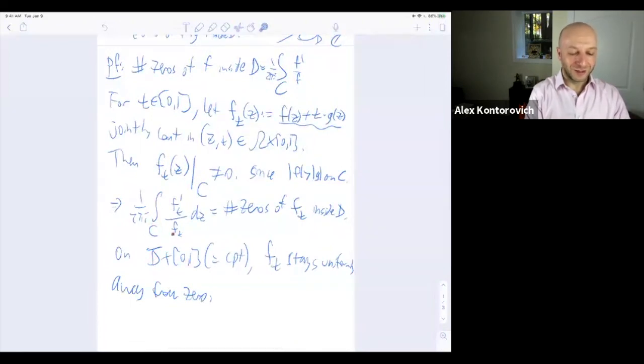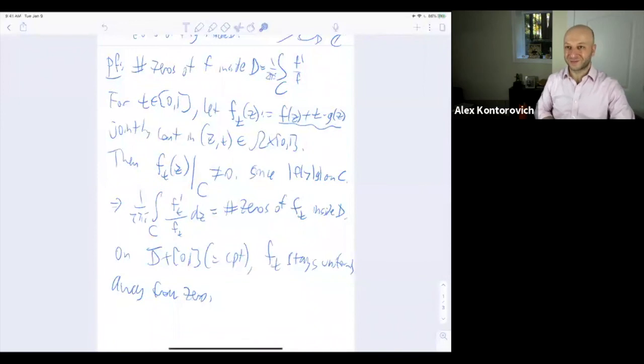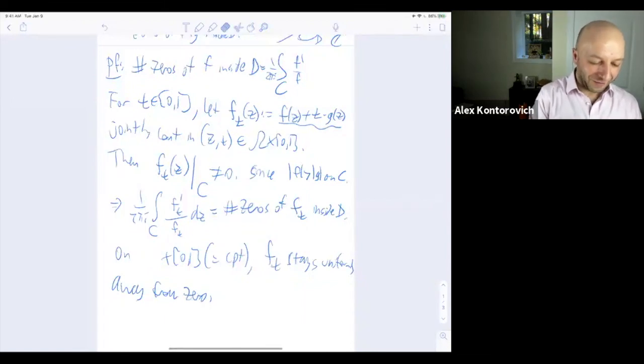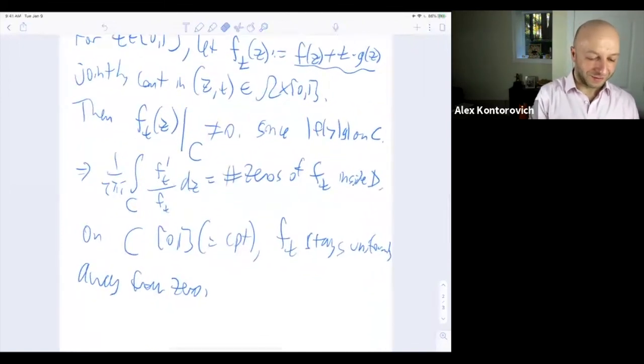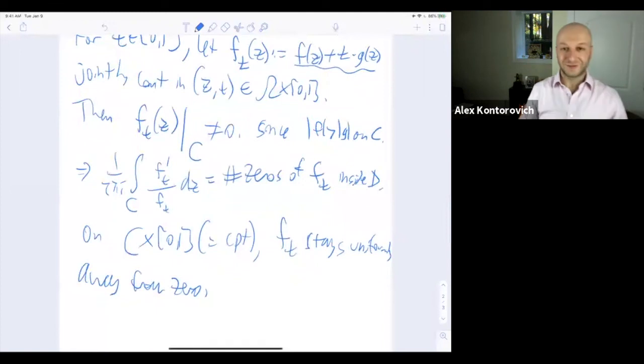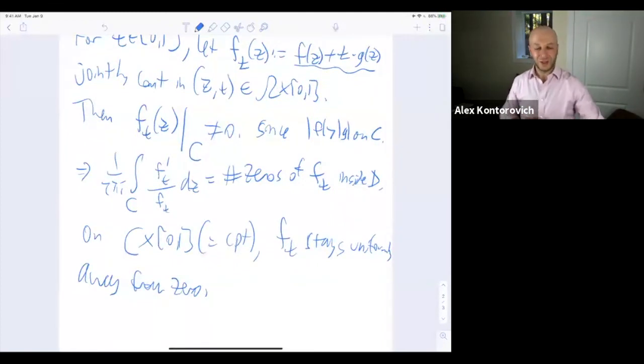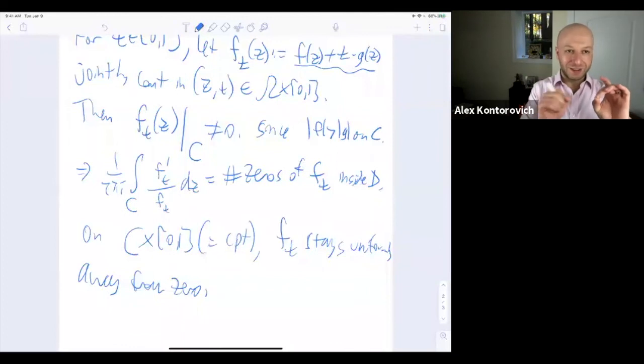The circle cross [0, 1] is also compact, and so you never really get near zero. Sorry, f might vanish. This is wrong. F might vanish inside, but it certainly doesn't vanish on the circle, and the circle is compact. I really do want to use the circle. And that's supposed to be a cross. Okay, so on the circle in Z, cross [0, 1] in T, f stays uniformly bounded away from 0.